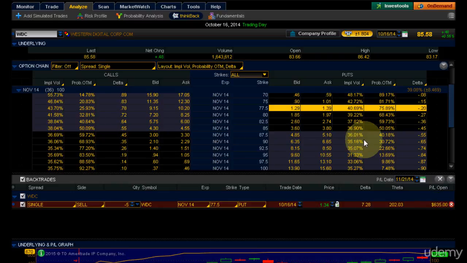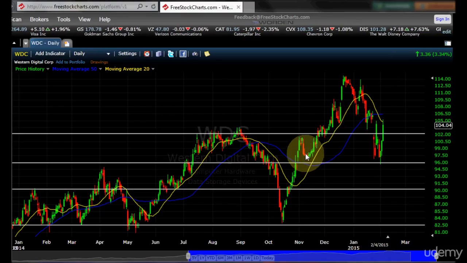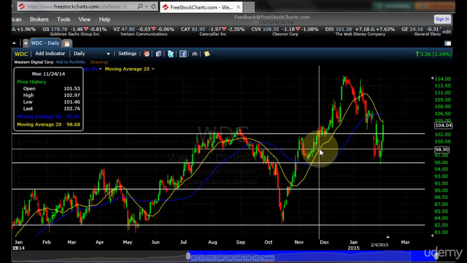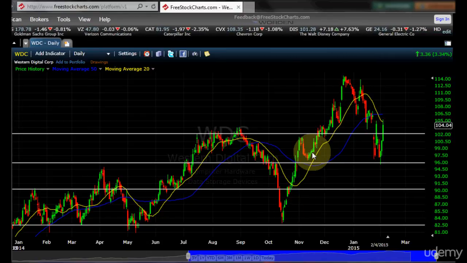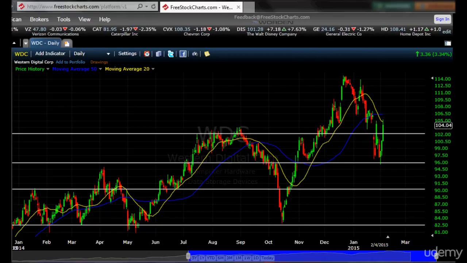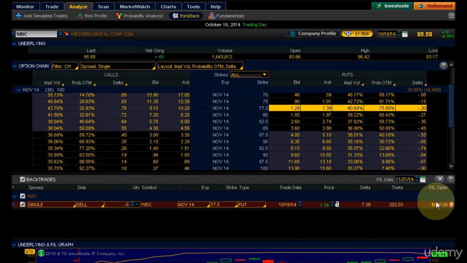We can see if we go back to our chart here on that date in November, we're way above our strike price, which is great. You can see Western Digital actually rallied quite strongly there in the later part of October and the early part of November. So this trade worked out great, and you can see our profit and loss here of $635, so that's after brokerage commissions. We get to keep the entire premium that was deposited in our brokerage account, so we achieved our goal on that trade.